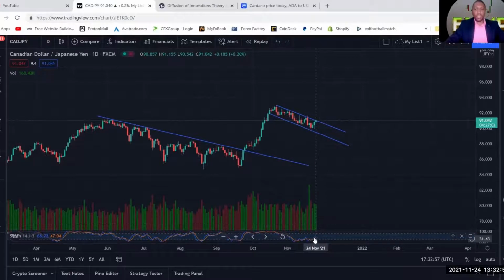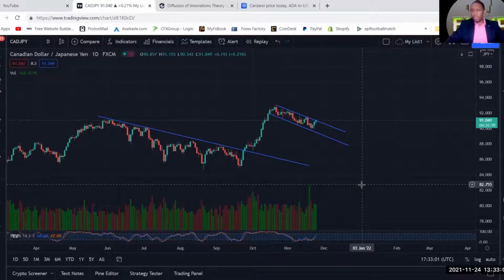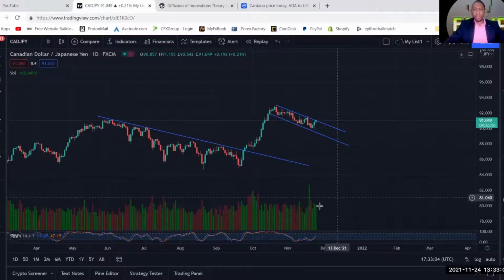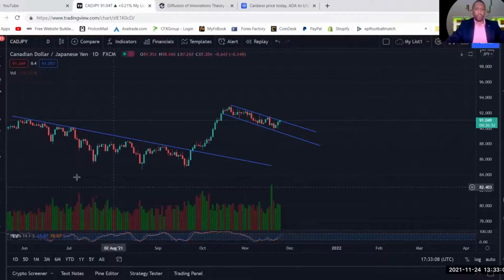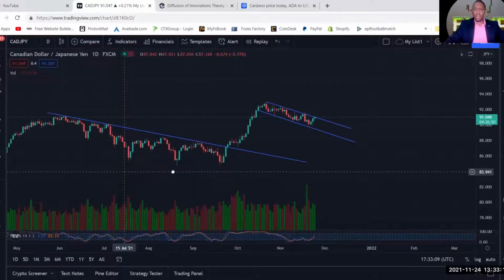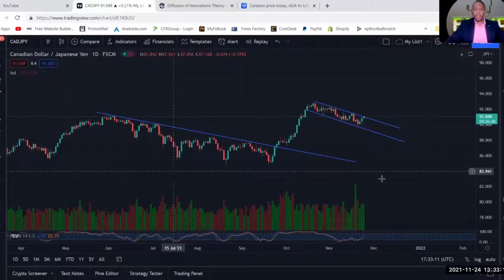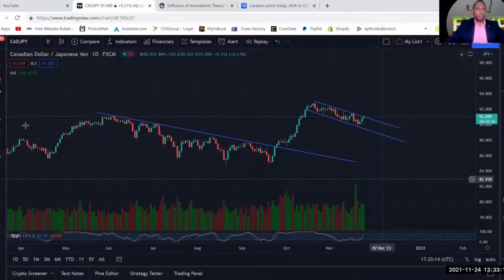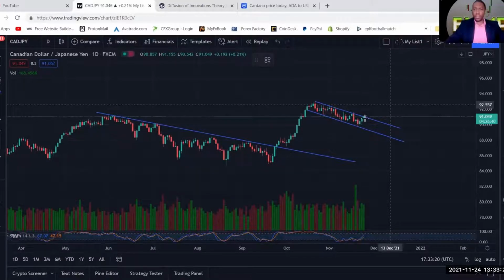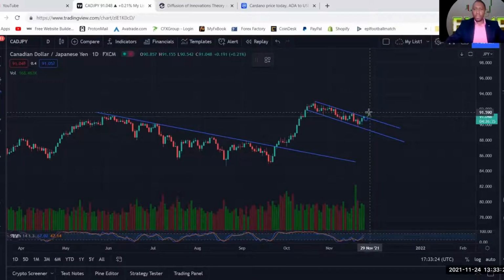Now, if you look at the stochastic, it's just above the 50% level, which is a good sign for a bullish move, and it still seems to be geared towards making a higher move. So on the daily time frame, I will be monitoring to see how this daily candlestick closes, and maybe on the 4 hour we'll take a look at what it looks like.